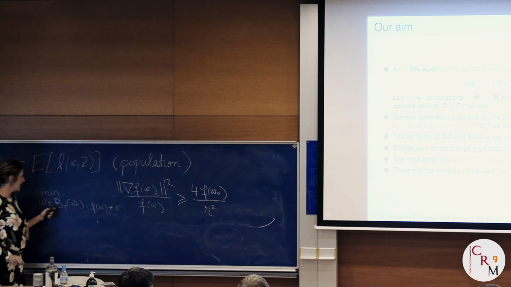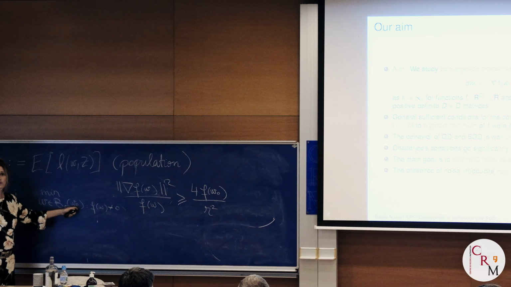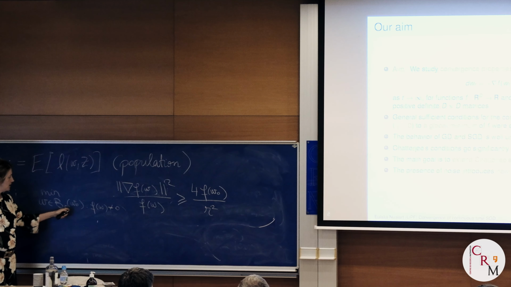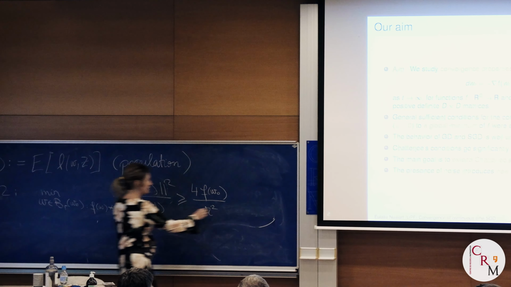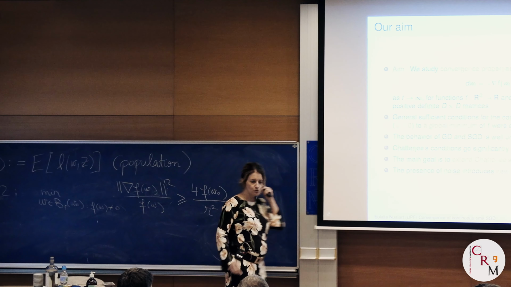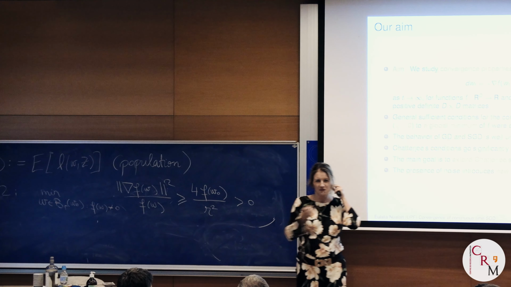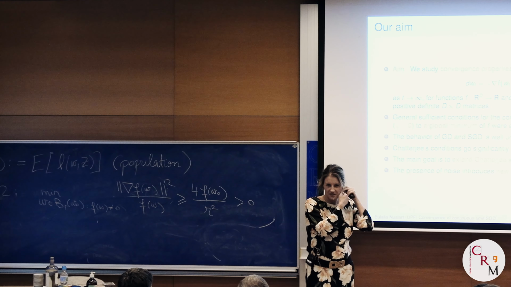So if you take an initial condition of the gradient descent W0 and an R that satisfy this condition, this being positive, so you start with a point that is not a minimum, of course, then he shows that the gradient descent will converge in this ball. So this is really this Polyak-Lojasiewicz condition that I will call the PL condition.